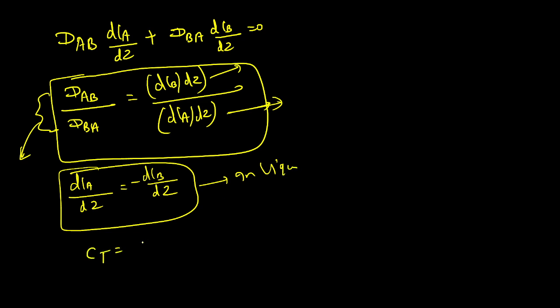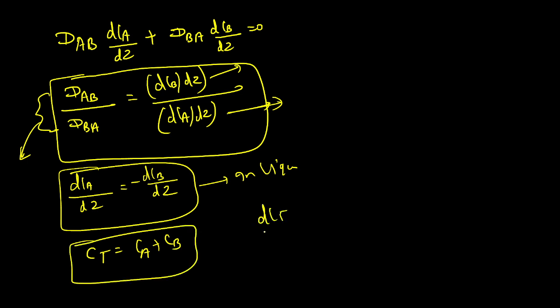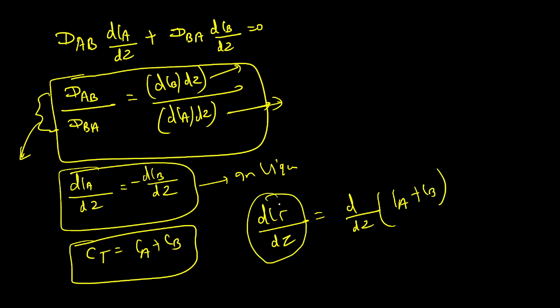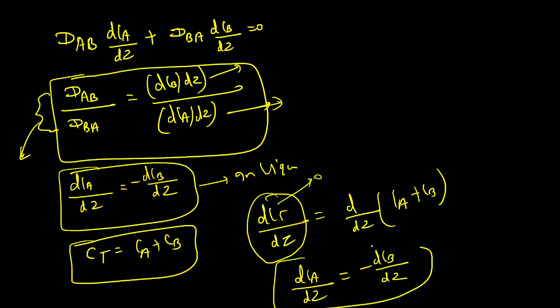Because C total is equal to Ca plus Cb. So dC total by dz is equal to d upon dz of Ca plus Cb. Are you getting it? The total concentration will be constant, so it will be equal to 0. So dCA by dz is equal to minus dCB by dz. From here I am writing these things.